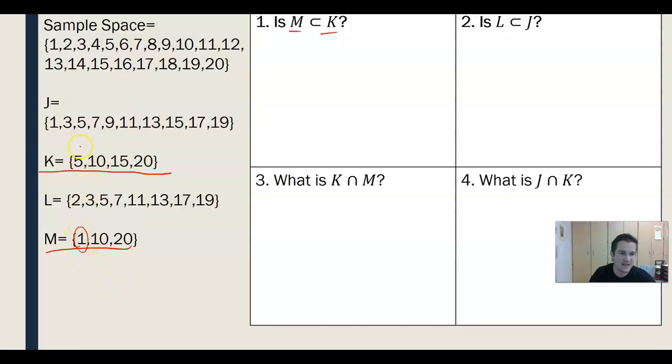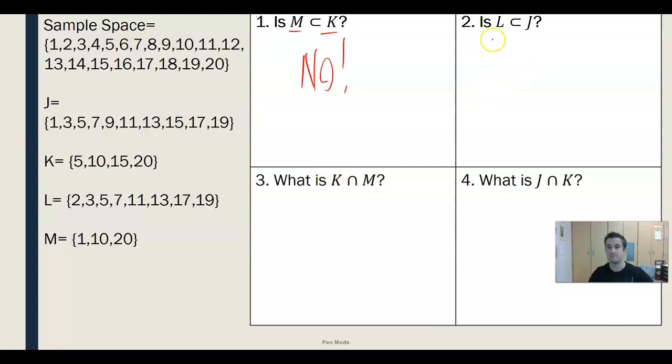Is 1 in set K? No. Is 10 in set K? Yes. Is 20 in set K? Yes. So 10 and 20 are in set K, but 1 is not. So is M a subset of set K? No, because not all the elements of M are also in K. So that would be the end of the answer to that question.